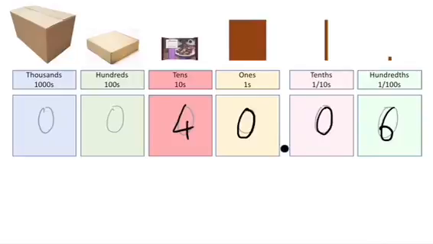That's 4 tens, no ones, no tenths, and 6 hundredths. 236.5. That's no thousandths, 2 hundreds, 3 tens, 6 ones, 5 tenths, and no hundredths. Sometimes it's worth just imagining that that 0 at the end is still there. Makes it easier to compare things.